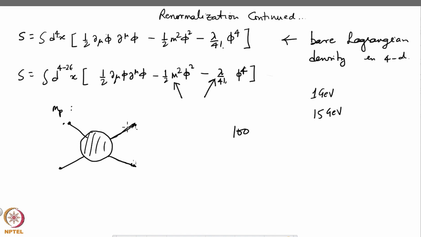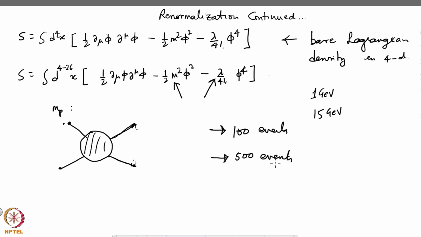So these numbers will change, and maybe now you get, instead of 100, let's say 500 events, depending on what m and lambda you have chosen. So you get 500 events this time. So clearly that choice of m and lambda which gave you 100 events is describing a different theory than this one in which you get 500 events.